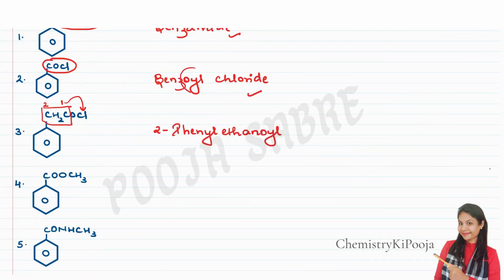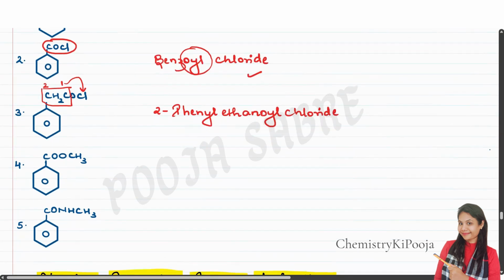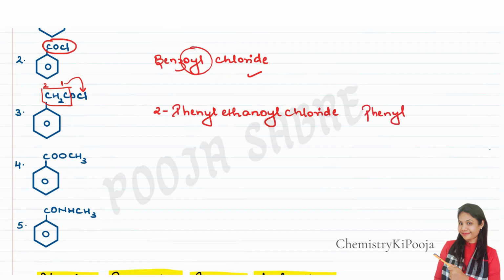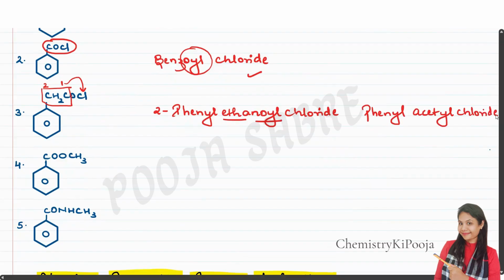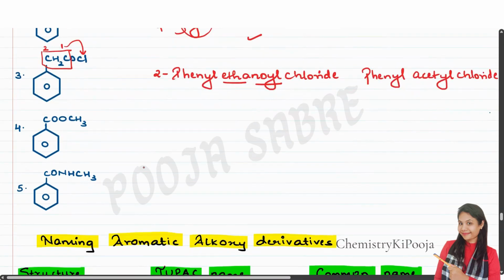Remember, for acid chloride or halide, we use oyl. Kindly go through the previous lecture where I explained this topic. So this is 2-phenylethanoyl chloride. Clear? Then the common name for this one will be phenyl, and instead of oyl we put yl, so phenylacetyl chloride. Okay.